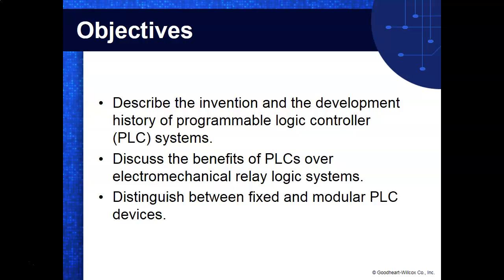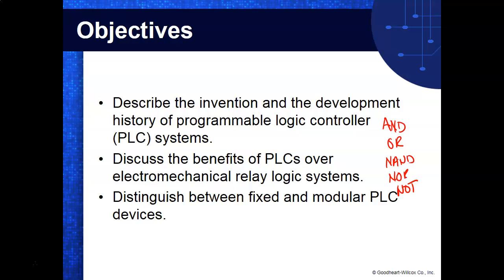Describe the invention and development history of programmable controllers. Discuss the benefits of PLCs over electromechanical relay logic systems. So doing logic, we'll learn and we'll actually look at relay logic. But basically we have 5 operations that we can do with logic. We can do AND, OR, NAND, NOR, and NOT. Those are the 5 basic logic functions.